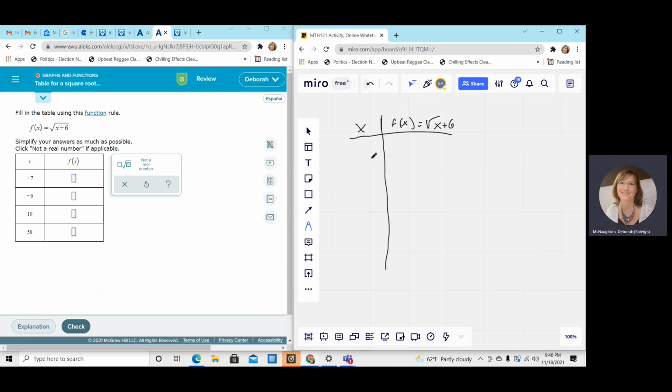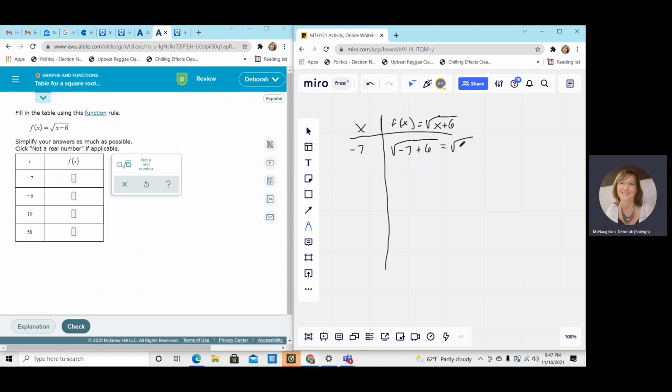All right, so our first x value is -7. So when x is -7, what we do is we put the x value into this function. So f of x is the square root of -7 plus 6.